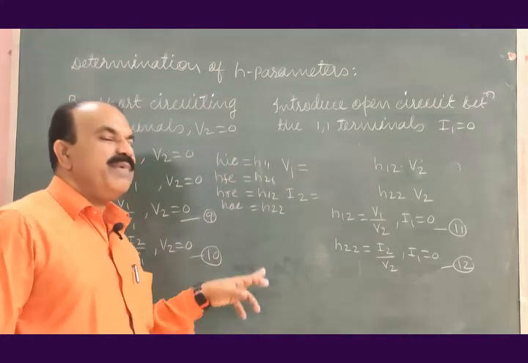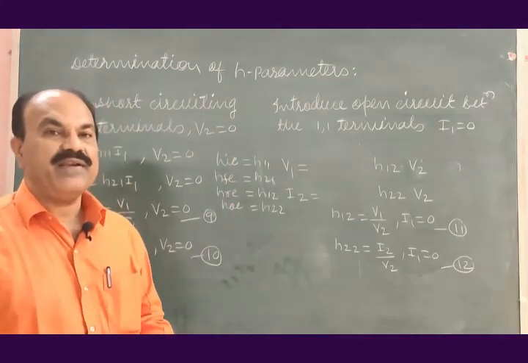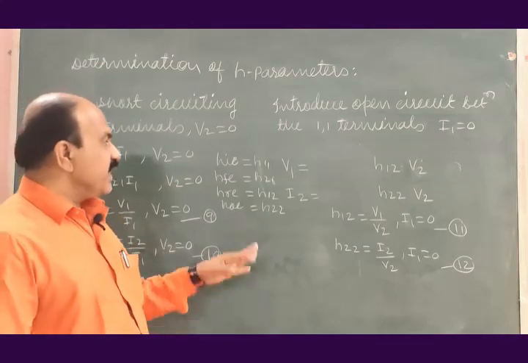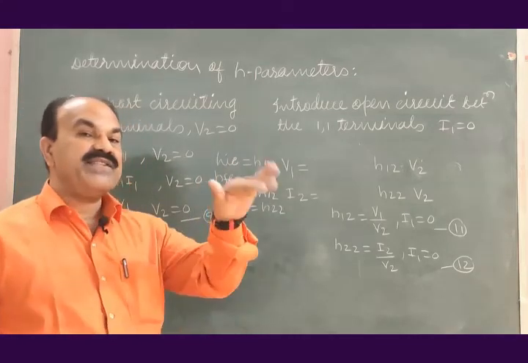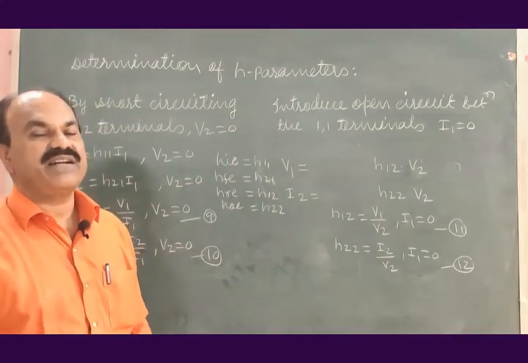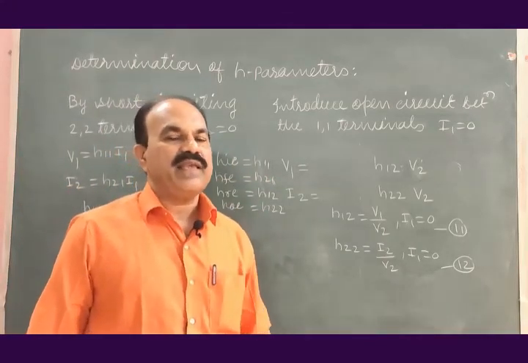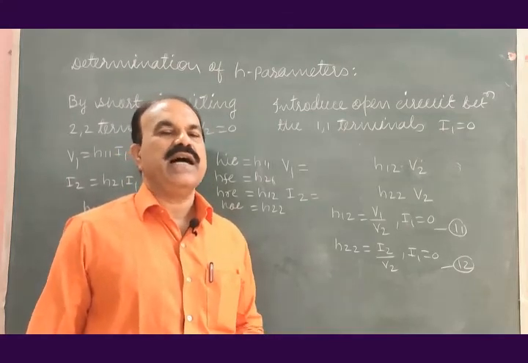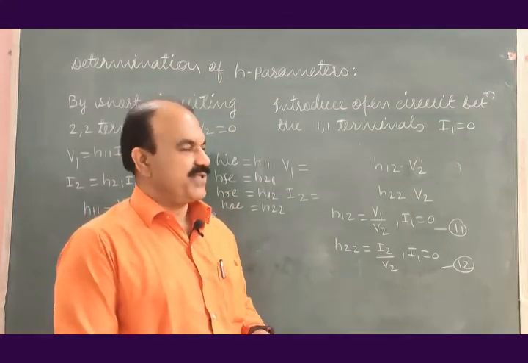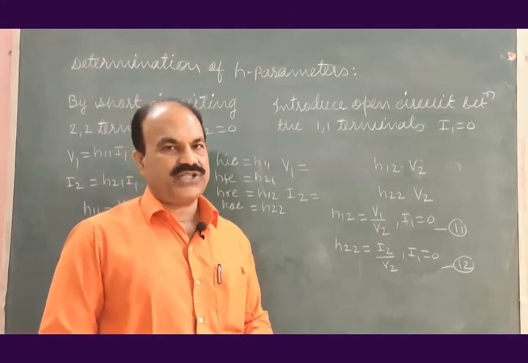This E may be replaced by B for common base connection, and by C for common collector connection. This is about determination of H parameters or hybrid parameters. Hope you got it. Thank you.